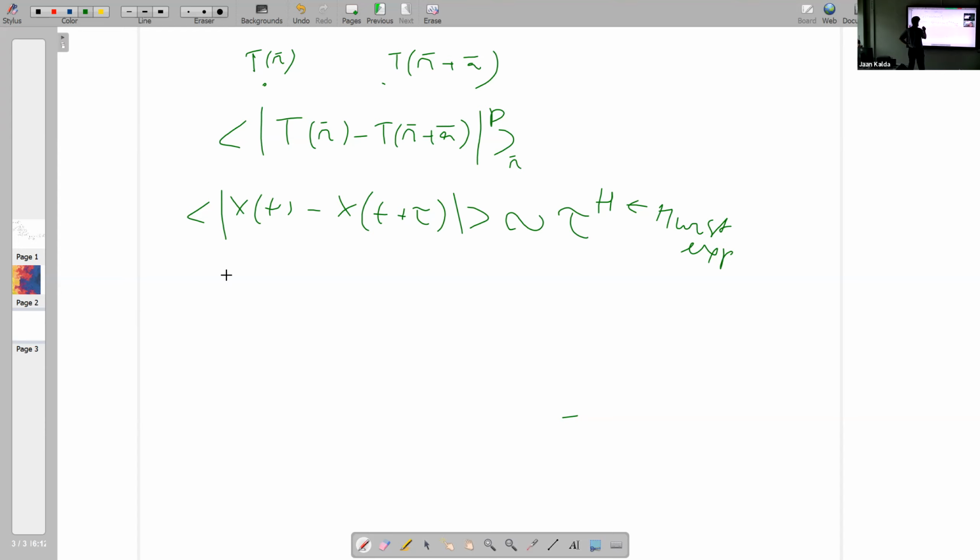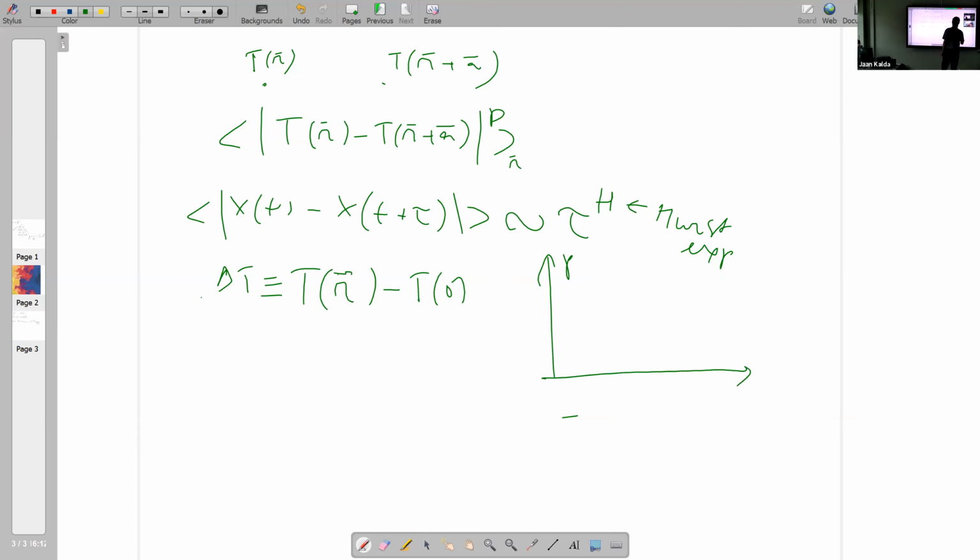So delta T, which we define as T at a certain point minus T at 0, has a PDF, a probability density function, as a function of delta T, that is Gaussian. Delta T can be both positive and negative.